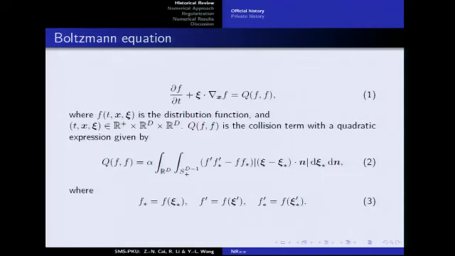This is the Boltzmann equation, the classical Boltzmann equation. Roger Alexander yesterday discussed a lot of good properties of this collision operator, but to carry out a numerical simulation for this equation, the only problem is that this f is dependent on the time t, the spatial coordinate x, and the velocity c.